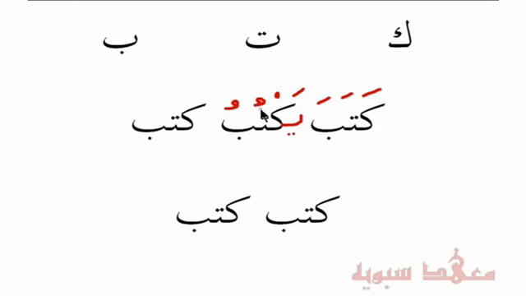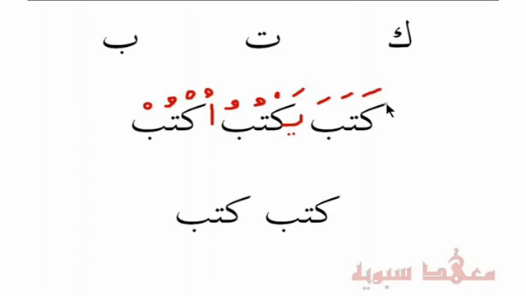That's the present tense. He is writing. Next is the command verb. Uktub. Write. You're commanding somebody to write. Now this is the basic triliteral form, which is made up of the three letters kaf, ta, and ba.